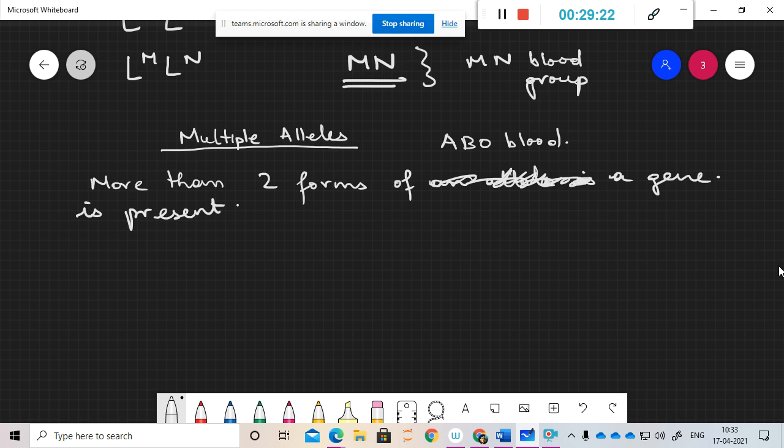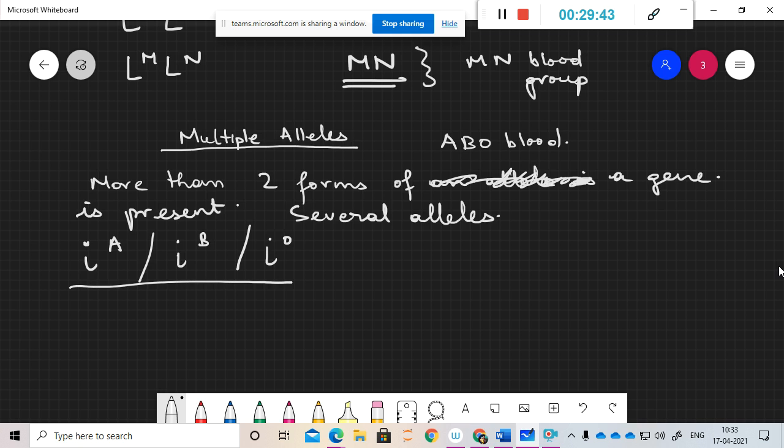So there you have several alleles in the same locus. It can be IA, it can be IB, it can be IO.